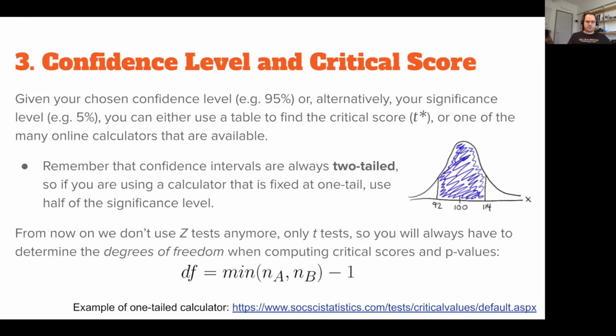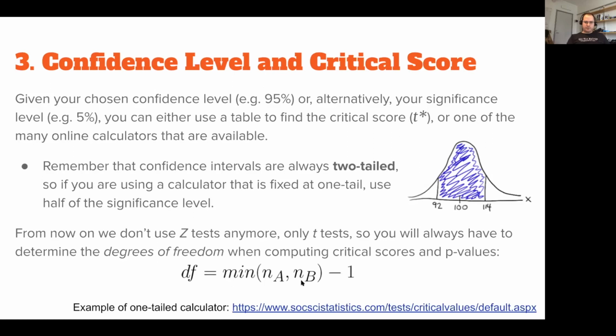That's what this min here means: the minimum sample size between the two samples. If it's 30 or 40, you would take 30, and then 30 minus 1, 29. That's your number of degrees of freedom for obtaining the critical score here. And again, that's the safe approach.